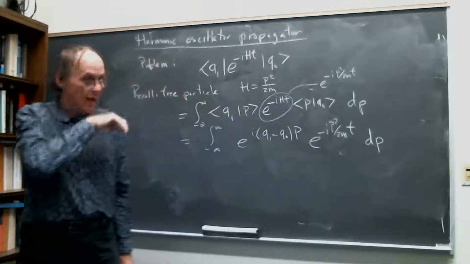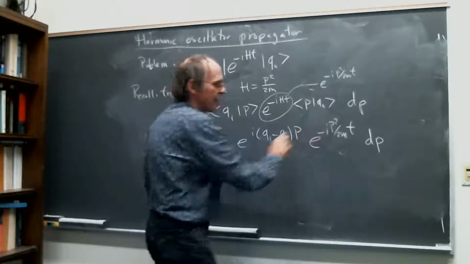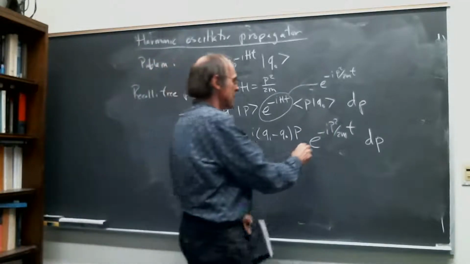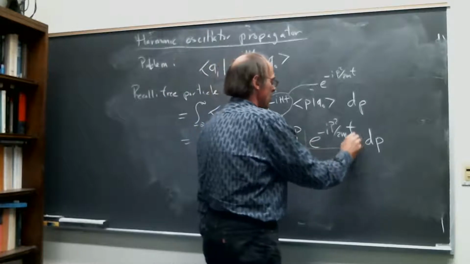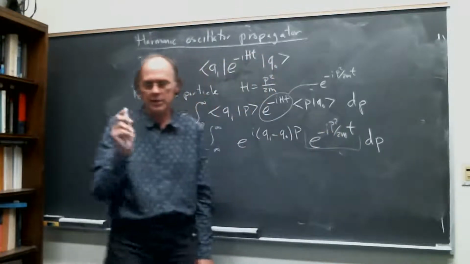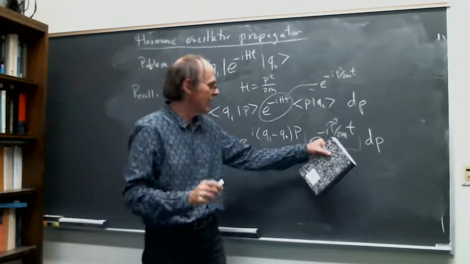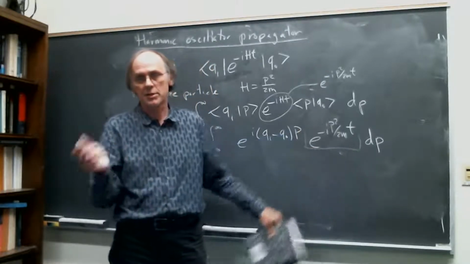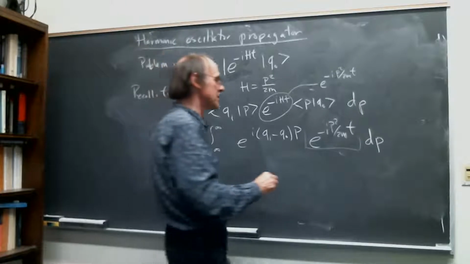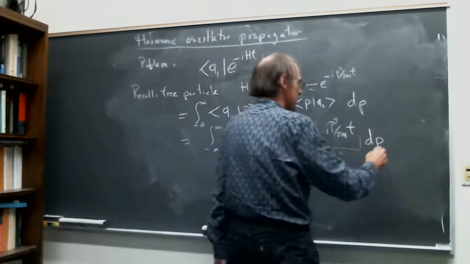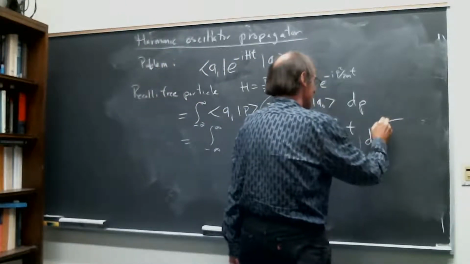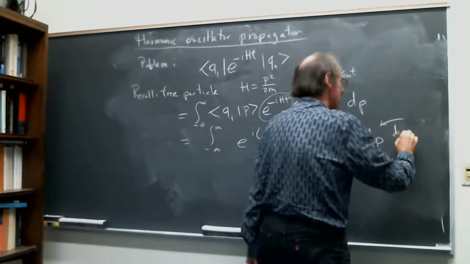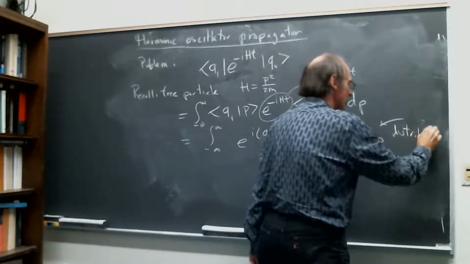free particle, and there's something very funny about this: you're taking the Fourier transform of something, and the Fourier transform of this is definitely not a function. So there are a lot of subtleties here; this gadget has to be interpreted as a distribution.